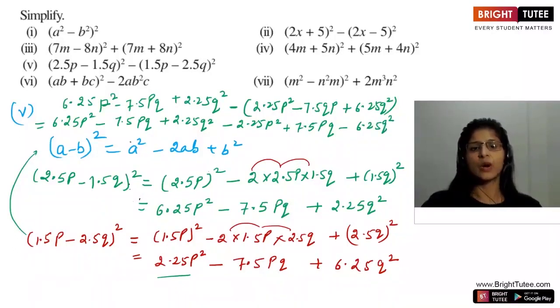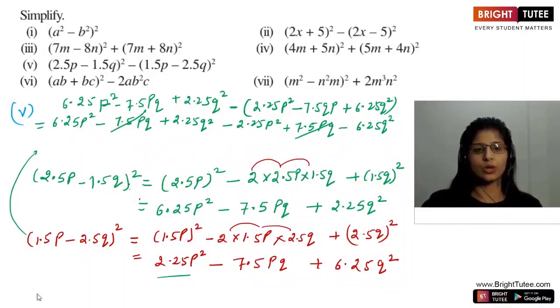Did you get it? Now what we are going to do, we are going to combine the terms having p square together, terms having q square together, and terms having pq together. So one thing that we can notice here is this term and this term will get cancelled because they have different signs. Now the rest of the question can be done. So let us just do it here itself. Now what will be the next step?